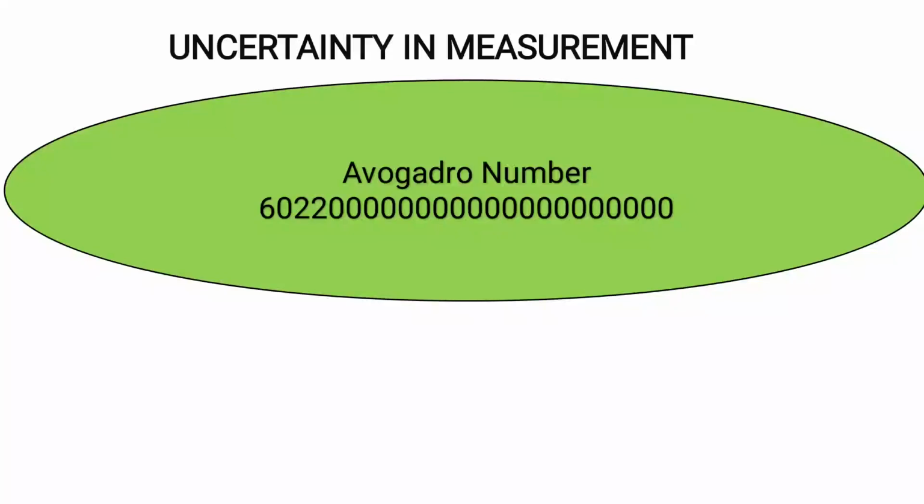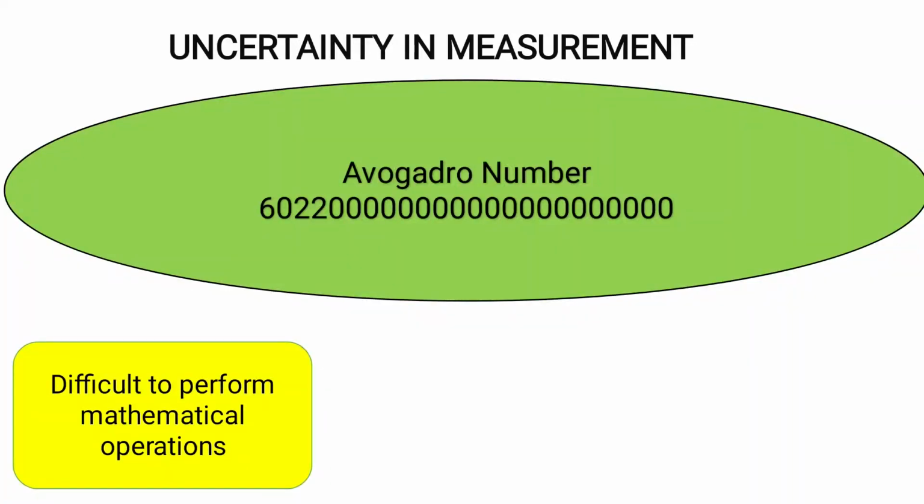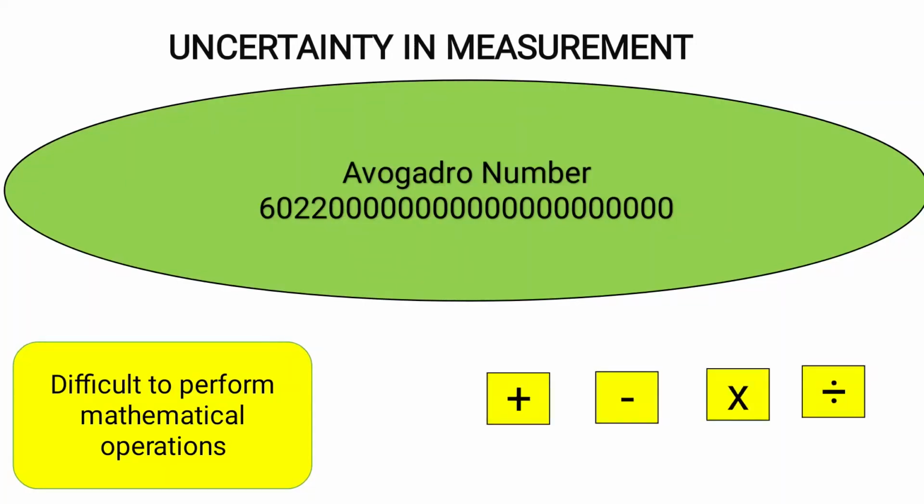It is not only inconvenient to write such a large number but also difficult to perform various mathematical operations like addition, subtraction, multiplication or division with such a huge number.